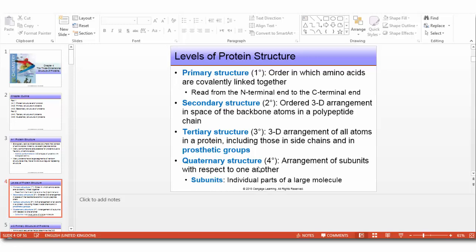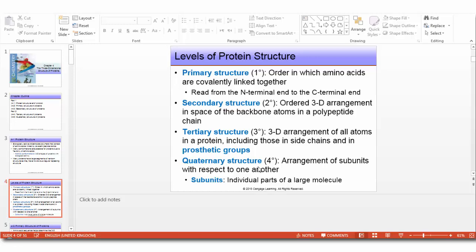Now, in many proteins, the folding of parts of the chain can occur independently of the folding of other parts. Such independently folded portions of proteins are referred to as domains or super-secondary structures.